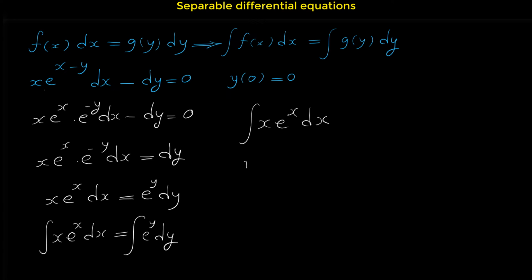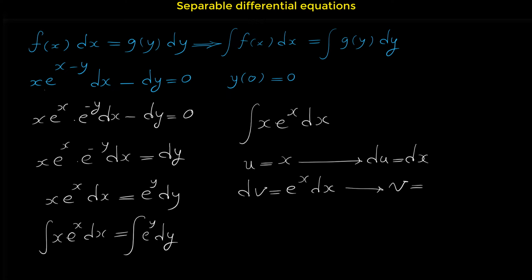If you choose u to be x and dv to be e to the x dx, then du is dx, and from here v, if we integrate from this, integral of dv is v, and integral of e to the x is e to the x.